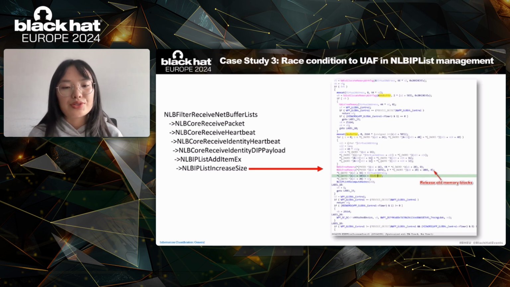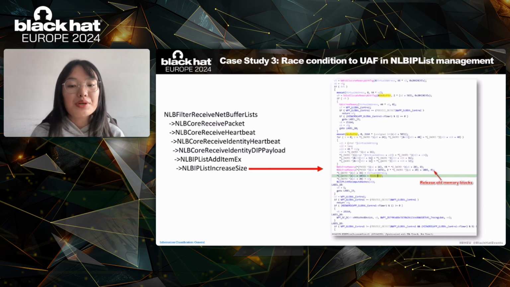Whenever a new identity DIP payload is received, the IP address information is added to the NLB IP list. This causes the NLB IP list to dynamically expand, and the items array and the hash table to grow to handle more IP addresses. This operation makes the original items array and the hash table get released.